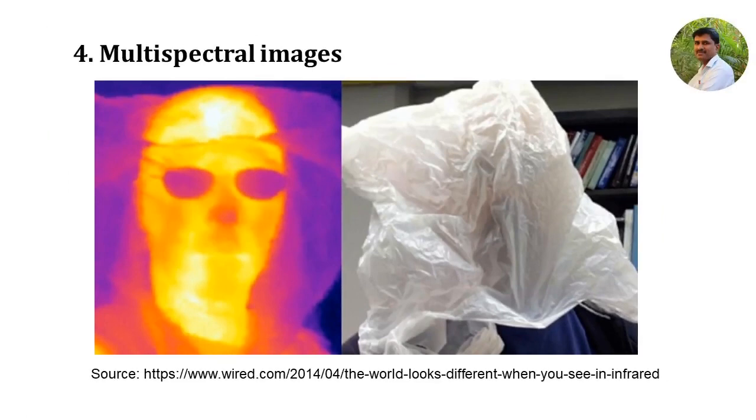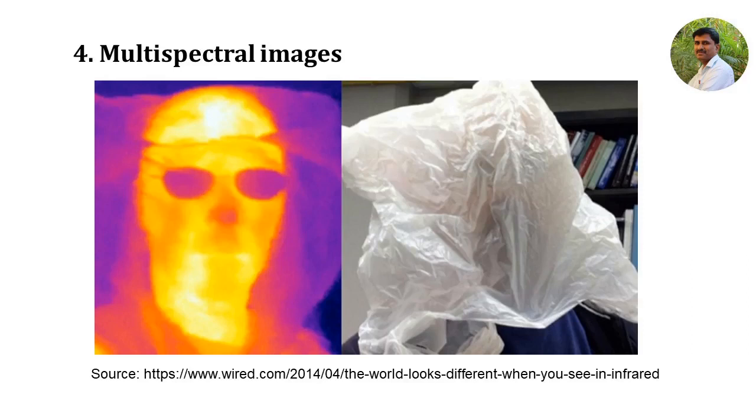Multispectral images. The first figure shows image of a person whose head is covered by a plastic cover. The multispectral images are images of the same object taken in different bands of visible or infrared region. The images acquired for remote sensing applications are generally multispectral in nature.